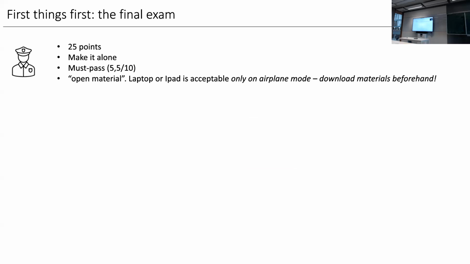So the rules are: it's the same weight as the assignments. But because it's the only truly individual moment, you have to pass it. So you have to have 5.5 out of 10 points. So it's not 7 points. You have to get the pass.